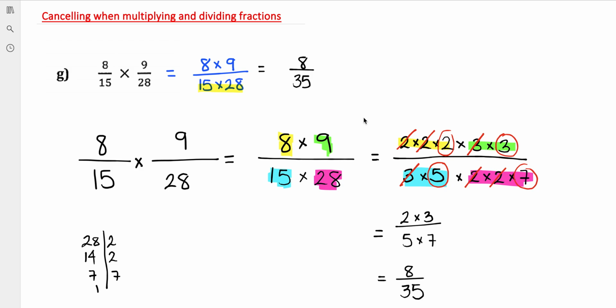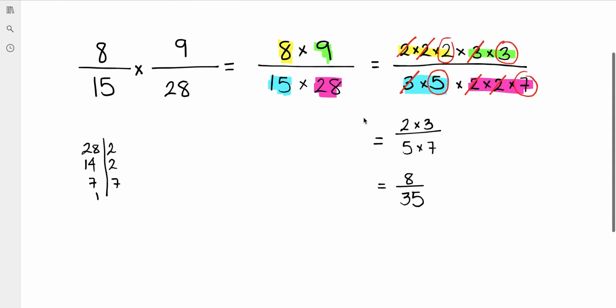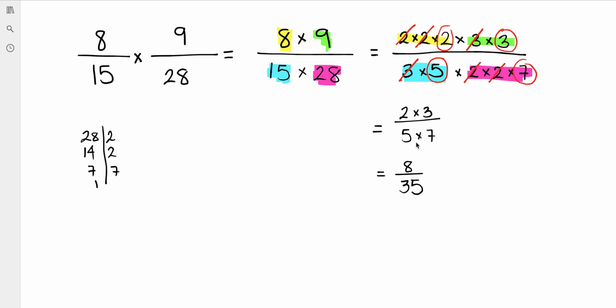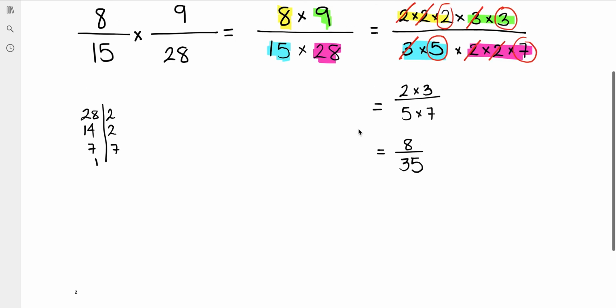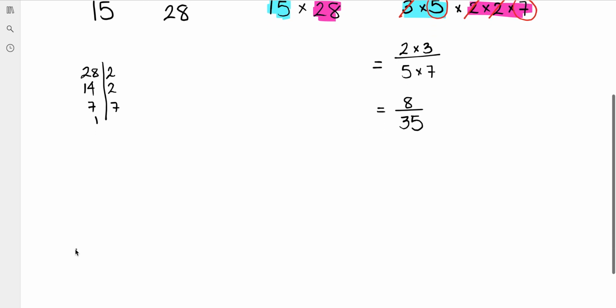Now, what I did here is the explanation of why canceling works, but you don't have to do this procedure every time. This is only the explanation of why it works. So I'm going to write it again at the bottom, only to open up more space in my notebook.